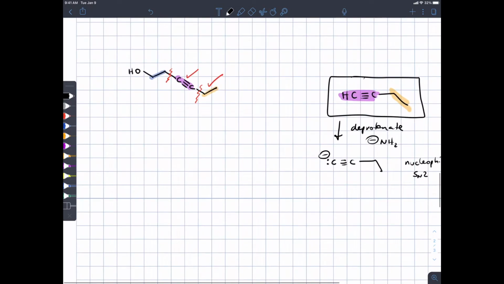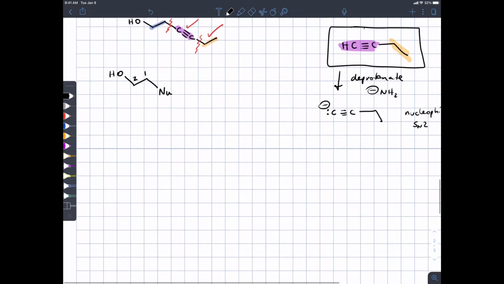Now, to simplify what we want to do in making this new bond, let's ask the question, do we know of a reaction that gives us that kind of product? That is a reaction where we have a nucleophile on carbon 1 and then an OH on carbon 2. Br2 and H2O.